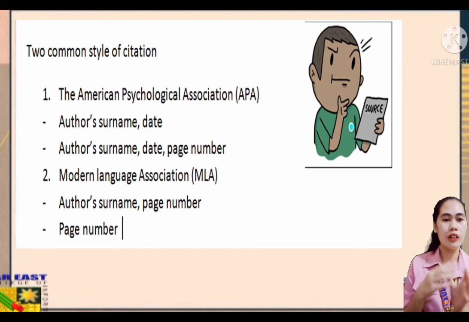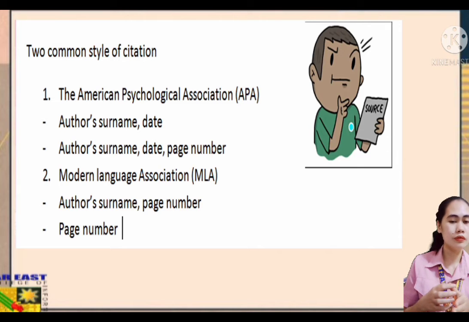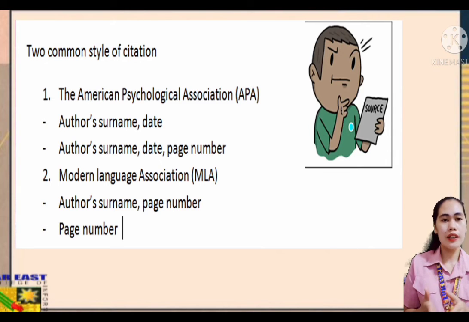Next, pwede ring author's name, yung date, and then yung page number, no? Kung sa book nyo siya kinuha, kailangan kunin nyo ang page number, kasama siya sa citation. Okay? Next, sa MLA naman, Modern Language Association, ang style ng citation is to get the author's surname and then the page number.